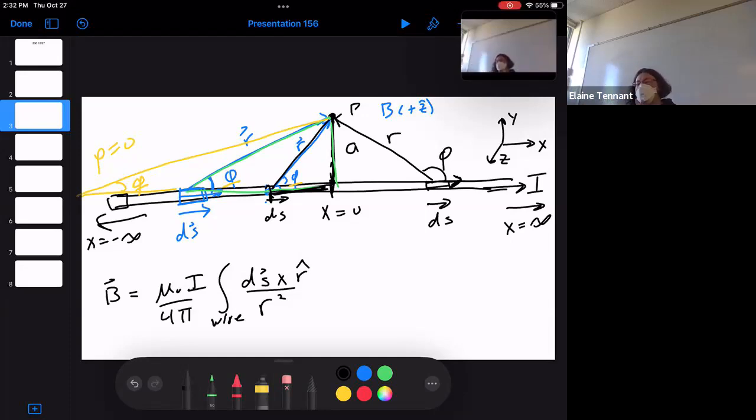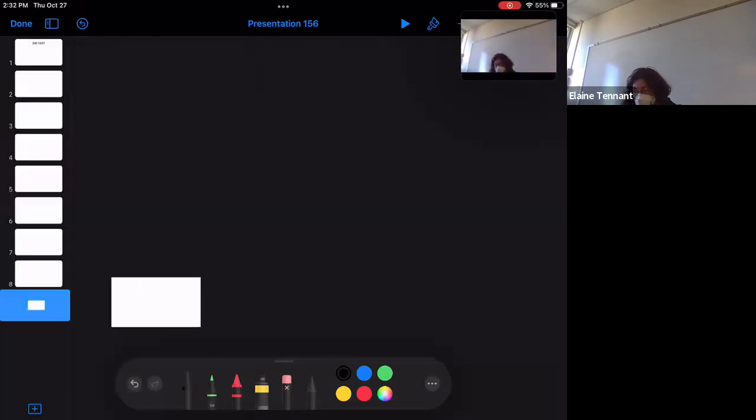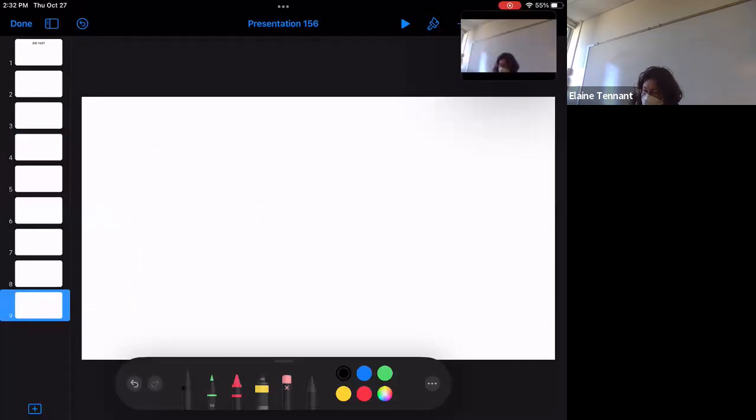And so having to transform something from a straight line into a loop can get rough sometimes. We're going to do one more of these, which will be very easy comparatively, and another really nice equation to have where we're going to get the B field of a loop of wire.